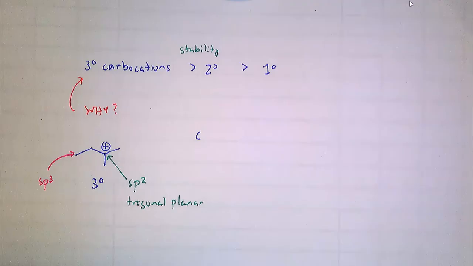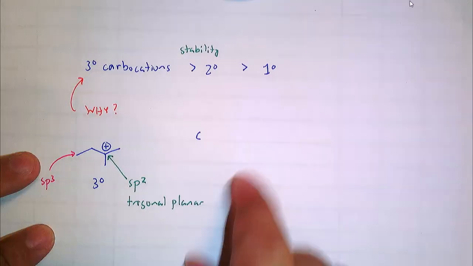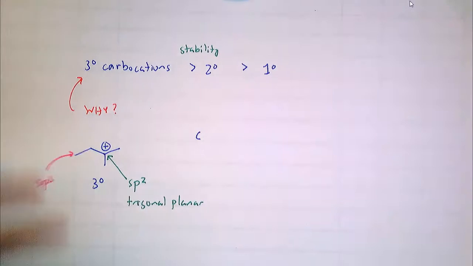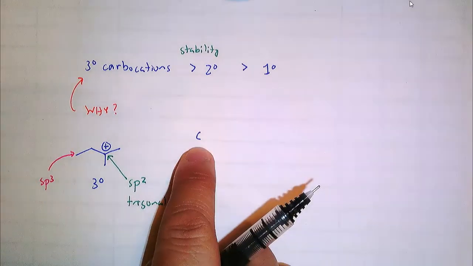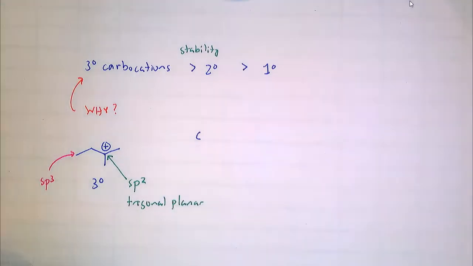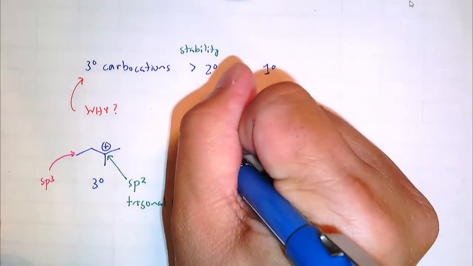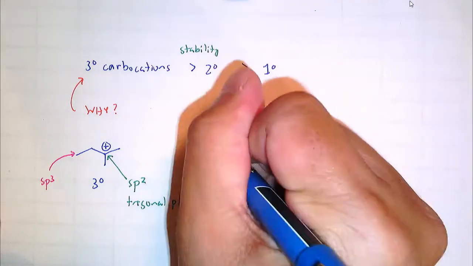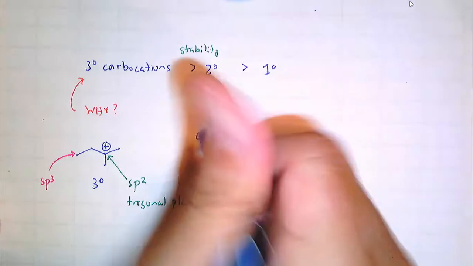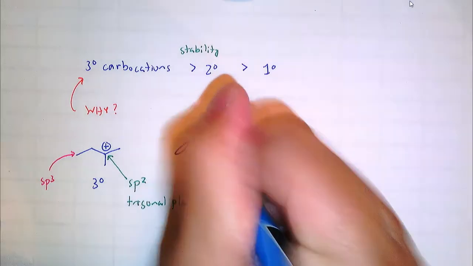Why is that important? I thought we were talking about stability. So what if it's trigonal planar? Because you should remember that when you have a carbon that's sp2, what do you have? You have an sp2 orbital this way, an sp2 orbital here, and an sp2 orbital here.